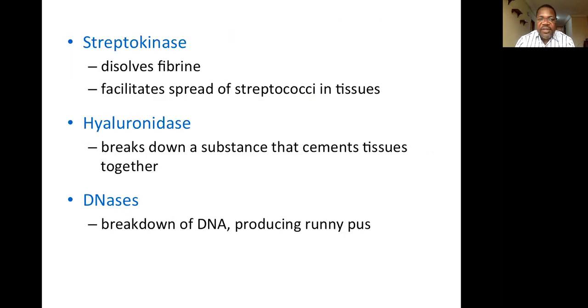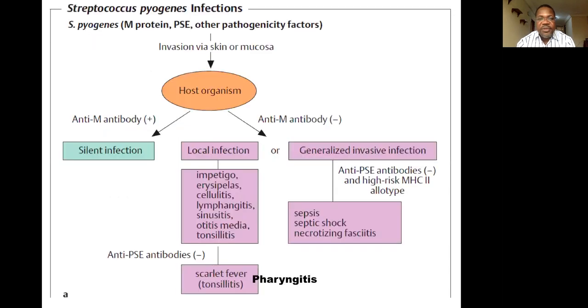Streptococcus pyogenes also has a streptokinase. They are able to dissolve fibrin and facilitate the spread of streptococci within the tissue. That's why they are involved in much more serious infections that we will see. They also have a hyaluronidase that breaks down a substance that cements tissue together. They also have DNases that break down DNA.